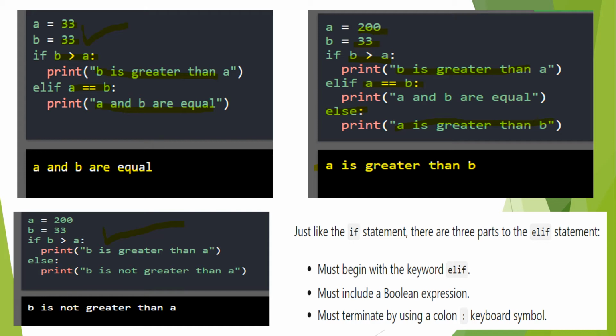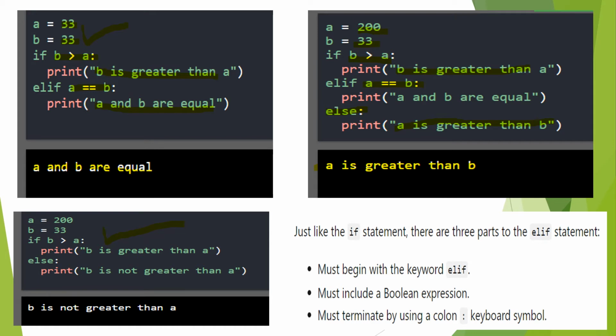If the Boolean expression evaluates to true, the indented code below it runs. All code blocks that belong to other if, elif, and else statements are ignored, of course. And just as before, all indented code below the elif is part of the code block that runs if the Boolean expression evaluates to true.